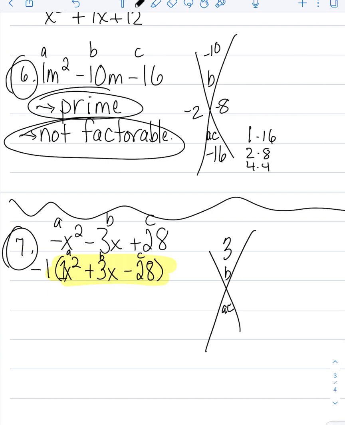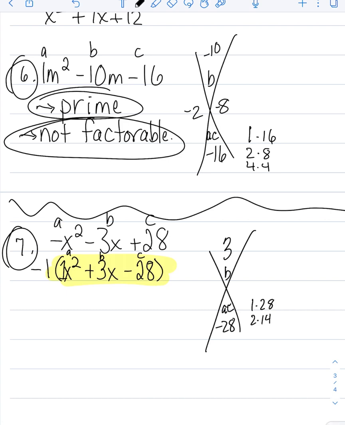A is 1 times C, which is negative 28, so that's negative 28. So now let's find factors of 28. We have 1 times 28, 2 times 14. Is there anything else?